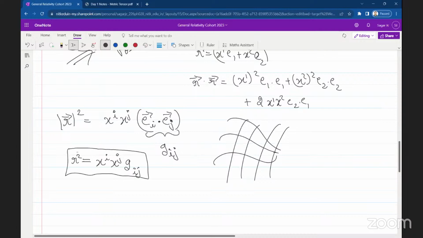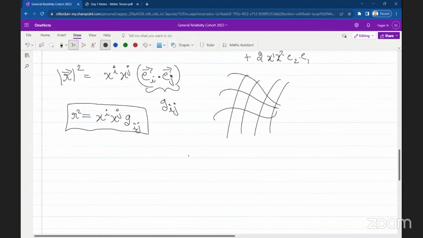Now in Cartesian coordinates, you know what the r square value is: x square plus y square plus z square, right? So there are no cross terms at all in the r square expression. So what does it say? Only when i is equal to j, I can do xi xj, right?